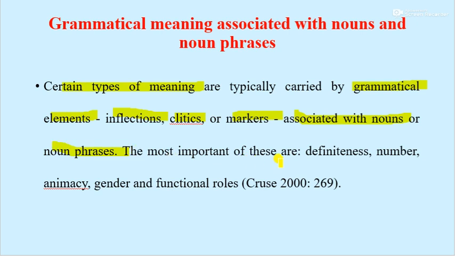The most important of these are definiteness, number, animacy, gender, and the functional roles. So these are certain types of meaning typically carried by elements, inflections, clitics, and markers associated with nouns and different categories.